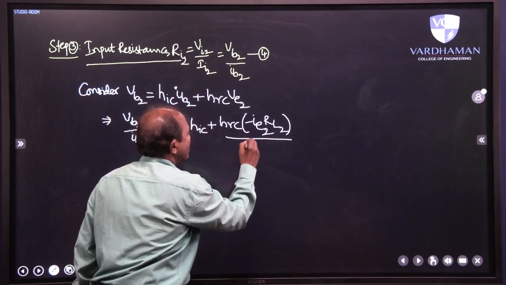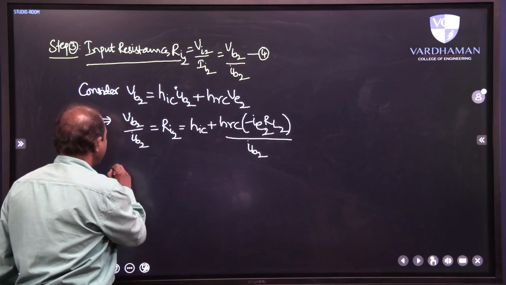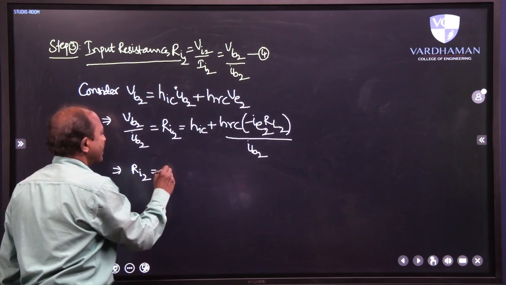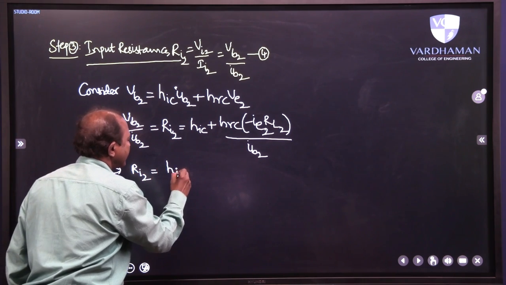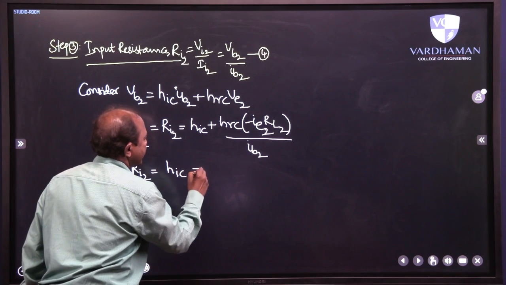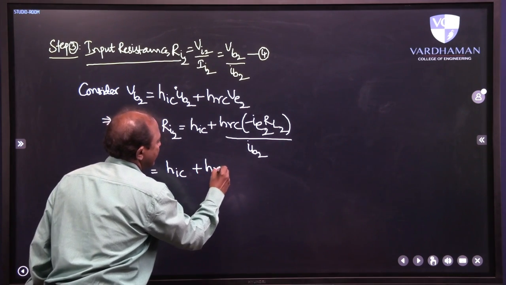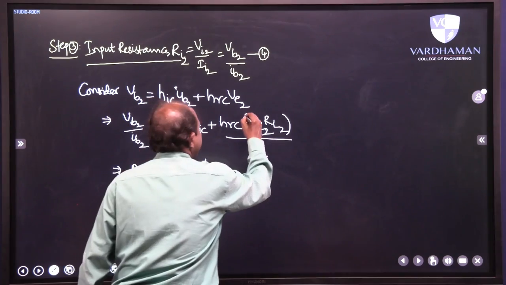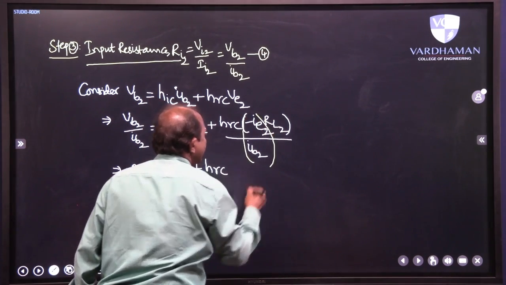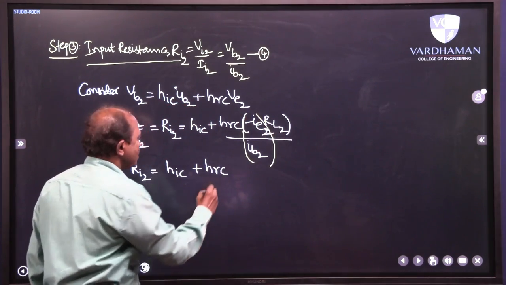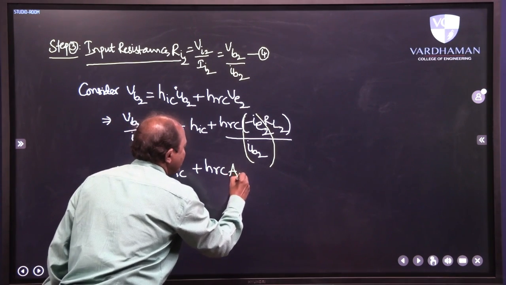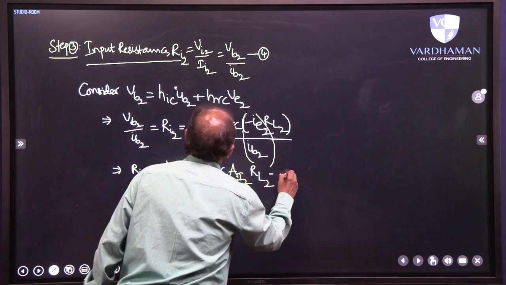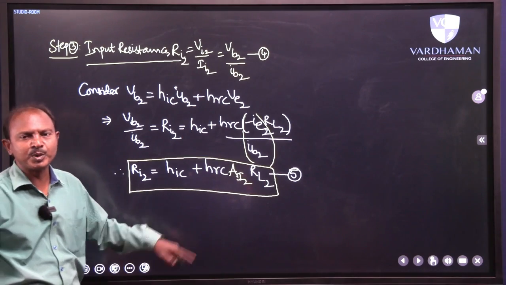Then you can rewrite the equation for input resistance Ri2 as HIC plus HRC times minus IE2 by IB2 times RL2. Minus IE2 by IB2 is nothing but the current gain. So Ri2 equals HIC plus HRC into AI2 into RL2. This is the equation for input resistance.